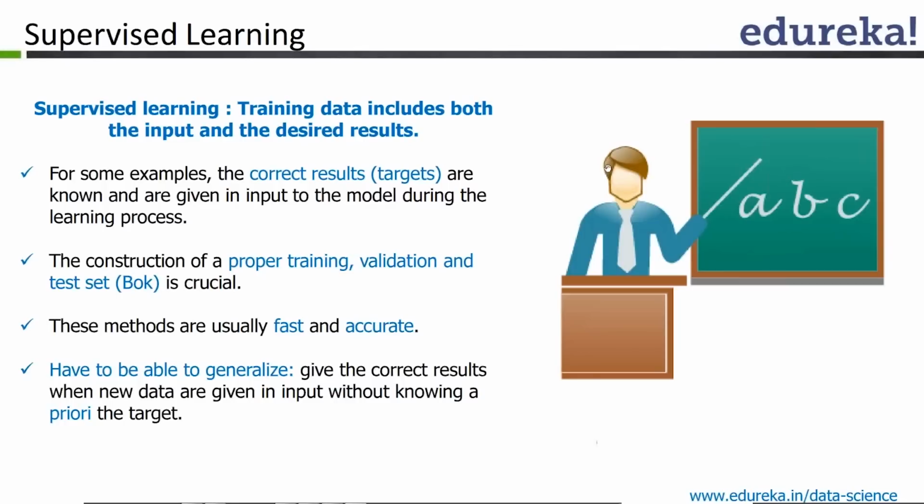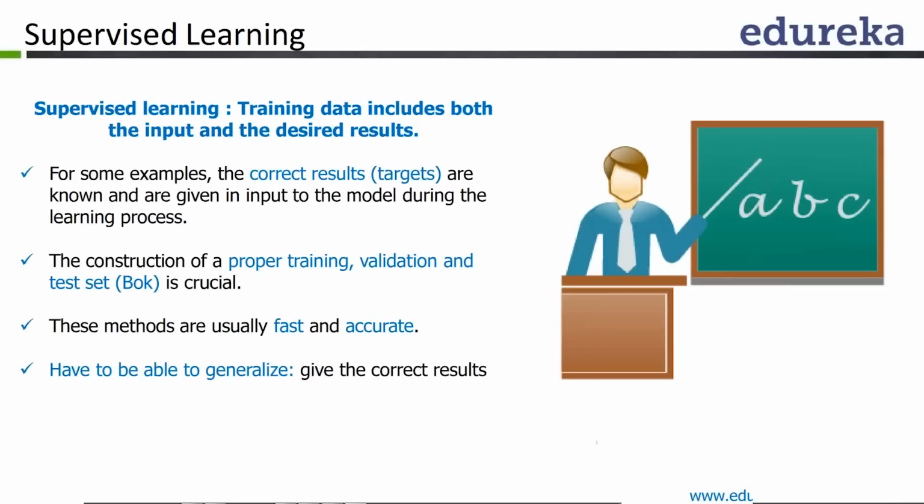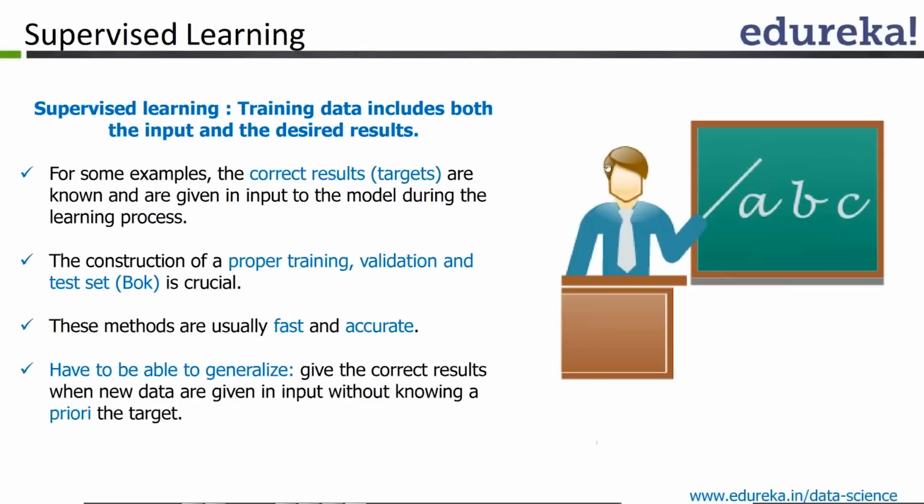So in the context of face recognition, for example, you have a bunch of features describing the image, as well as the desired result, which is face or non-face. Okay, so that's the supervised learning setting. You have the features of the data as well as the class label or the result for each of the data records.